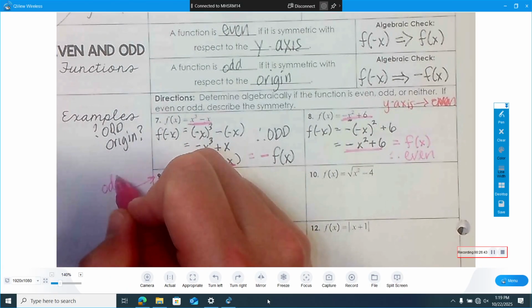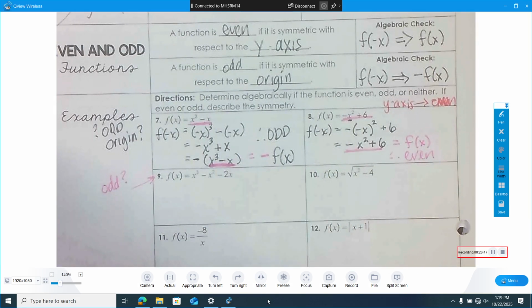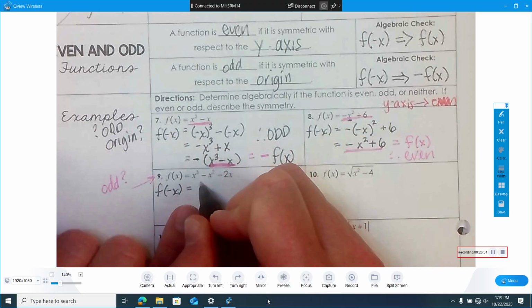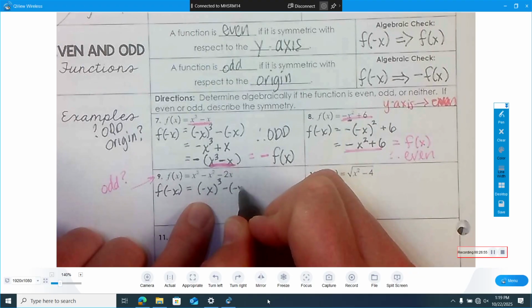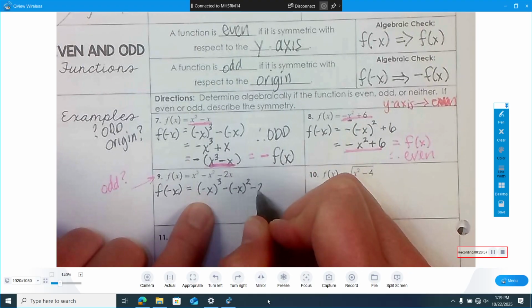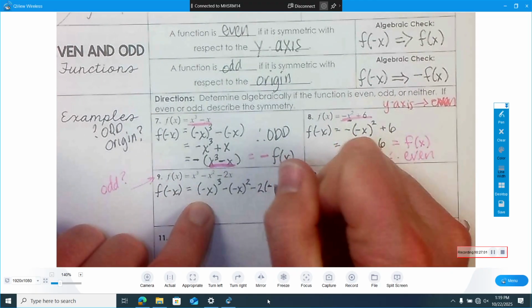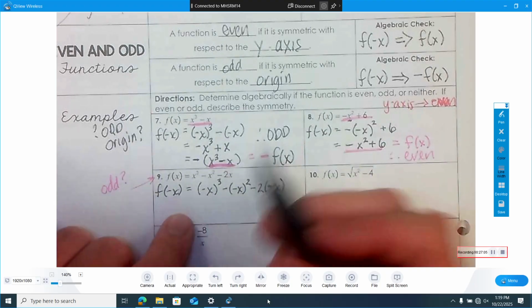All right, so we're questioning, is it odd? Either way, I'm still going to plug in my opposite x. So let's say I'm going to take my function and plug in the opposite of x. So using parentheses, negative x cubed minus the negative x being squared minus 2 times, oops, negative x. I love that my pens erase. That's so nice. And then we're going to do the math and sort of clean that up.